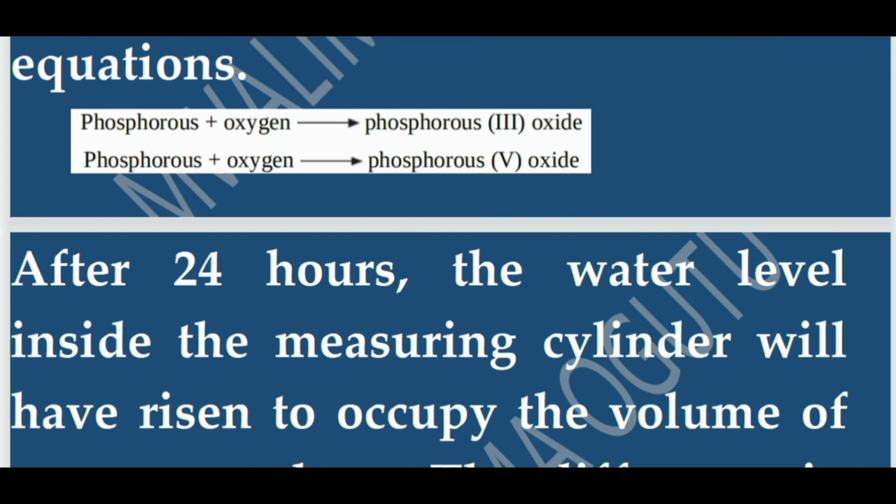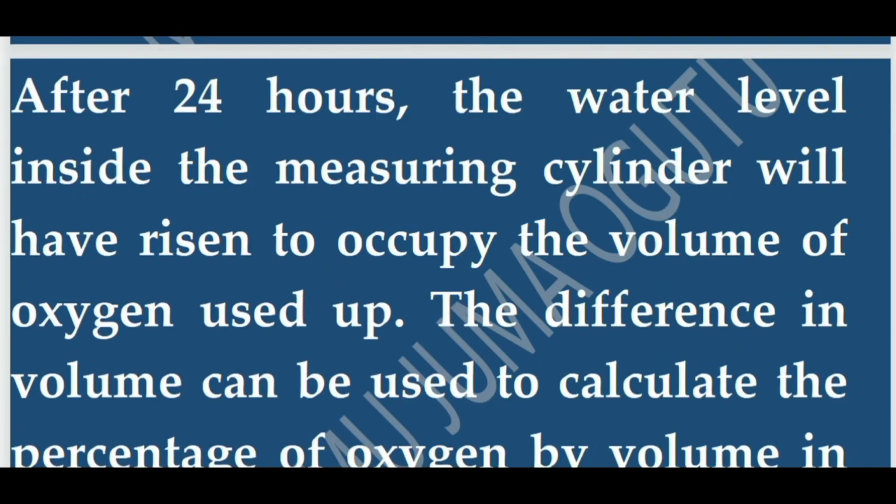After 24 hours, the water level inside the measuring cylinder will have risen to occupy the volume of oxygen used up. Remember, the active part of air, which is oxygen, has been used up to react with phosphorus.